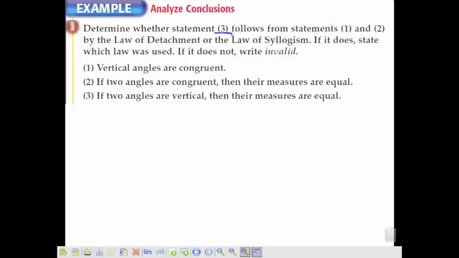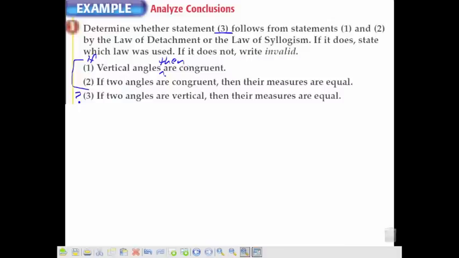Sometimes we'll have a problem like this where we want to look, it says, does 3 follow from these statements? So we're going to look at statements 1 and 2 and find out, does 3 follow from either one of those laws? Now, notice the first sentence, vertical angles are congruent. So it's telling us something about vertical angles. I could say if angles are vertical, then they are congruent.